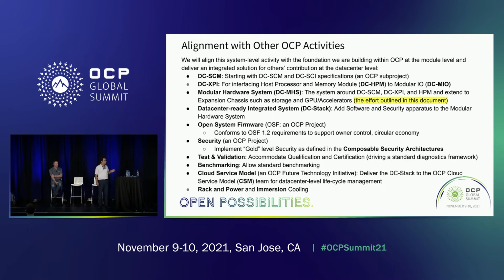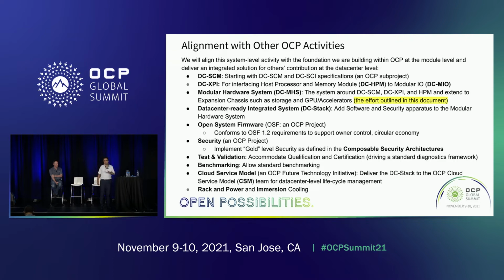Modular hardware system is the conversation we're having right now. And then firmware is important, so open system firmware is active, security project, test and validation. Actually, there is a very nice talk today by Dan Frame and his team on test and validation. Please attend. And then we'll give the whole thing to eventually cloud service model.